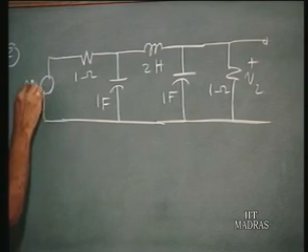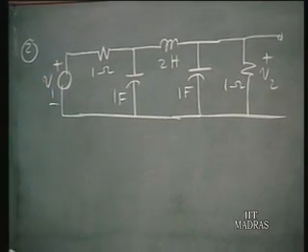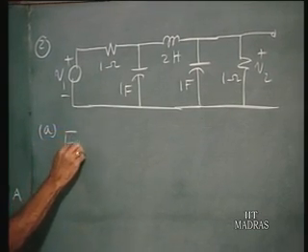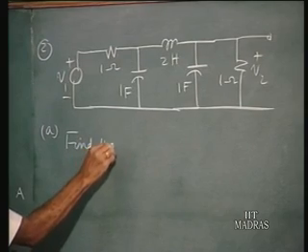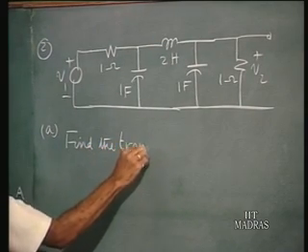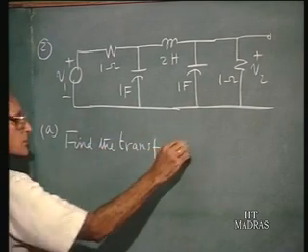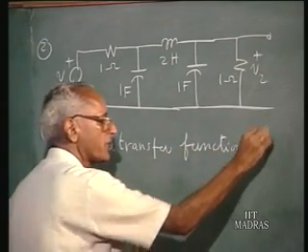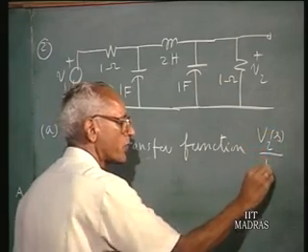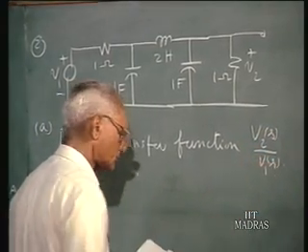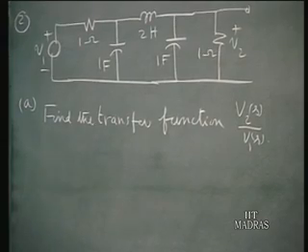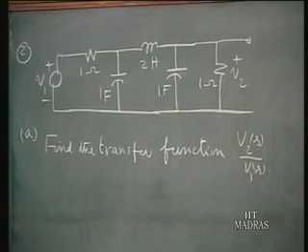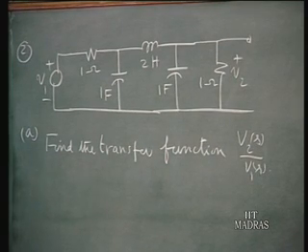You have the input voltage V1. So, first question is find the transfer function V2 of S over V1 of S for this network. So, the ratio of the Laplace transform of the output voltage V2 of S to the Laplace transform of the input voltage V1.